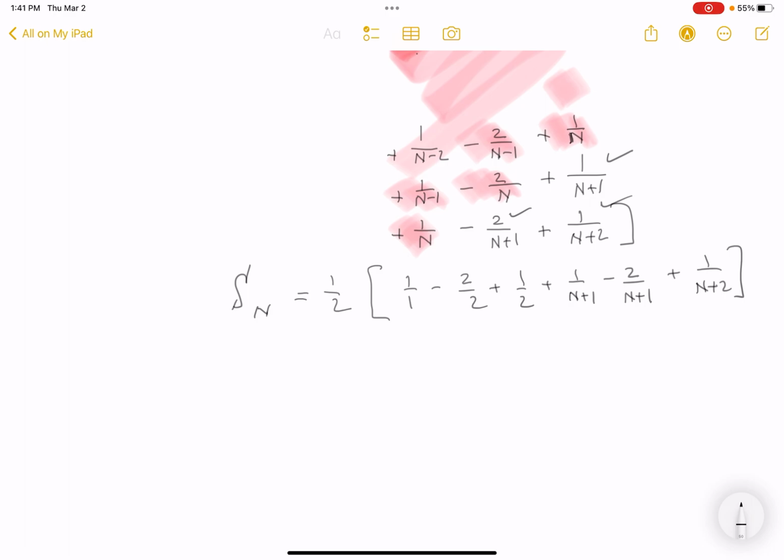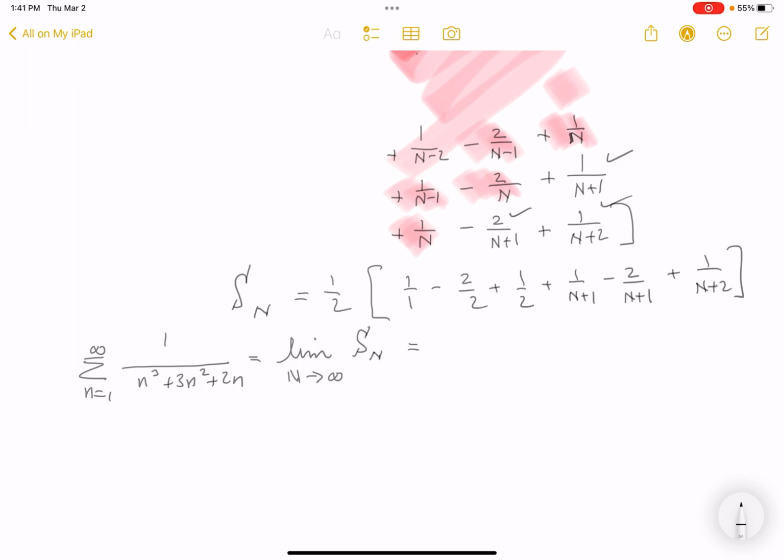What am I going to do now? I'm going to write the limit. And what I want to do is the sum n equals 1 to infinity of 1 over n cubed plus 3n squared plus 2n is the same thing as taking the limit as the big N goes off to infinity of Sn.